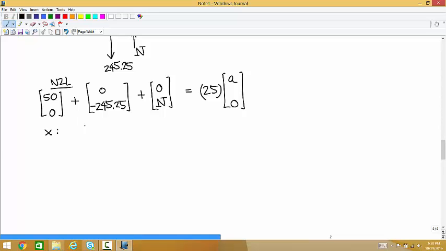So the x equation says 50 plus 0 is equal to 25a. And so if you solve for a, you get 2 meters per second squared.